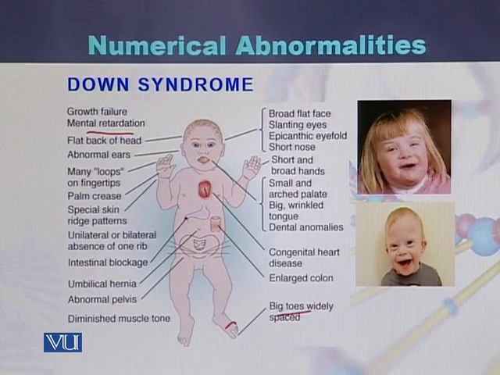We can see that there is a difference between the toes. They have short and broad hands, as well as many fingertips. So these are the details of all the phenotypes, or all the symptoms, which can be seen in the children with Down syndrome.